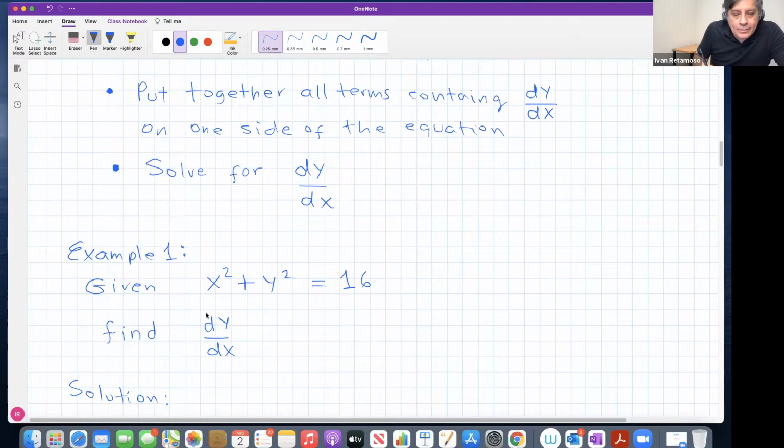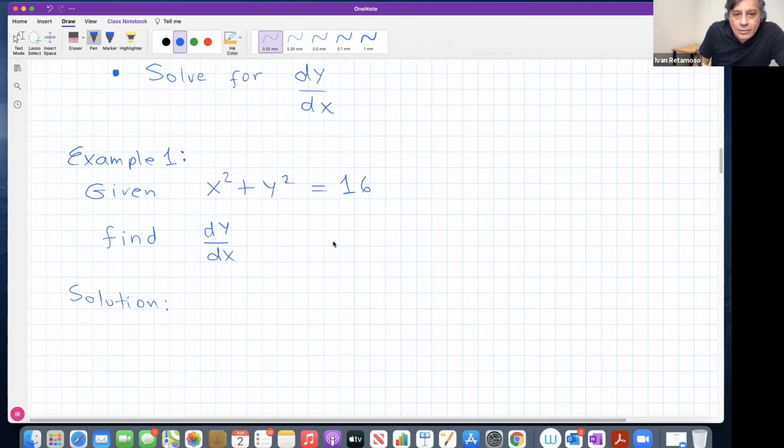Example here. Suppose they ask you to figure out the derivative of y with respect to x, where y is an implicit function defined via this equation, x squared plus y squared equals 16. Solution. Let's follow the method, right?